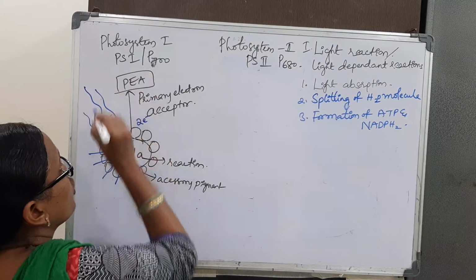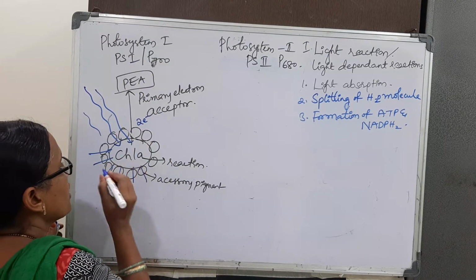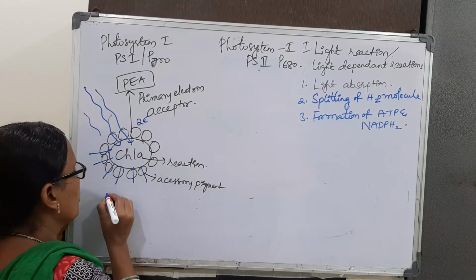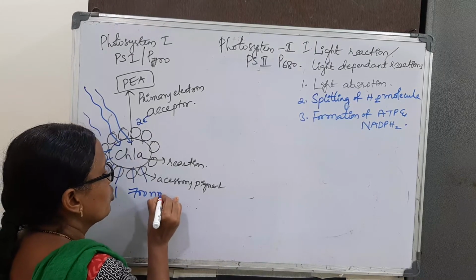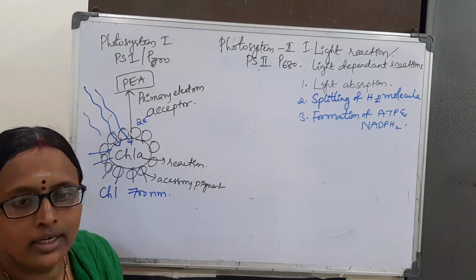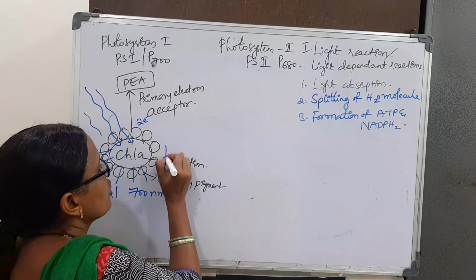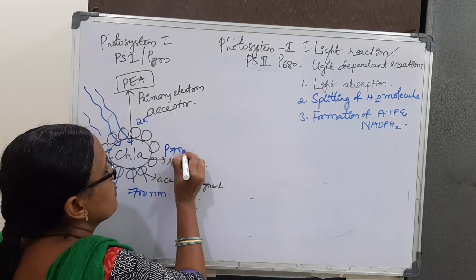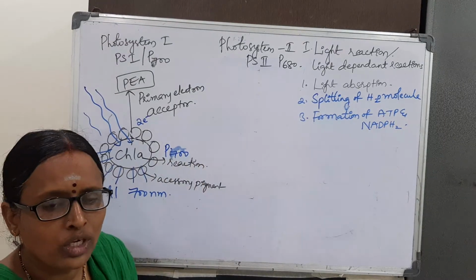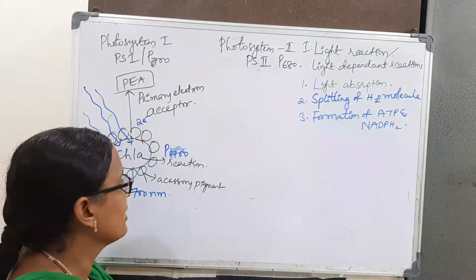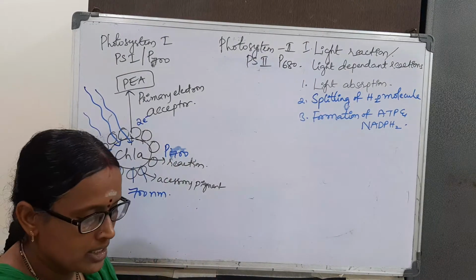In the case of photosystem 1, the reaction center chlorophyll A molecule is activated at 700 nanometers. So this system is also known as P700. Photosystem 1 can be written as PS1 or P700.